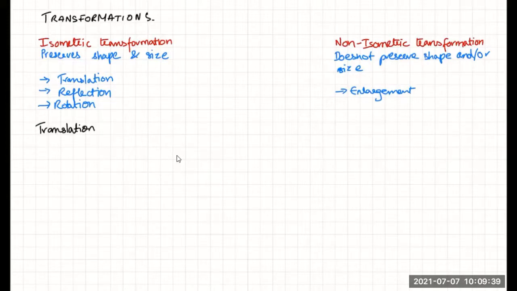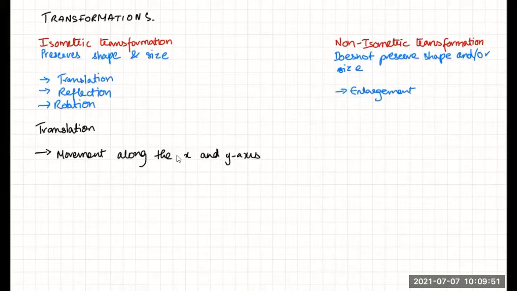Okay, so a translation is just a movement along the X and Y axis. It is described using a translation vector.